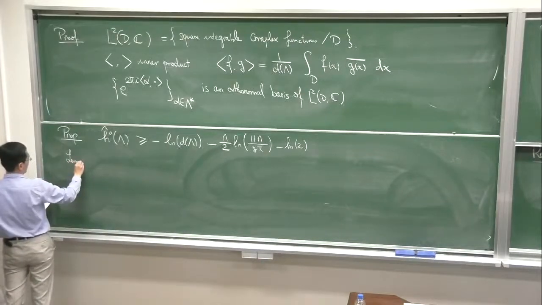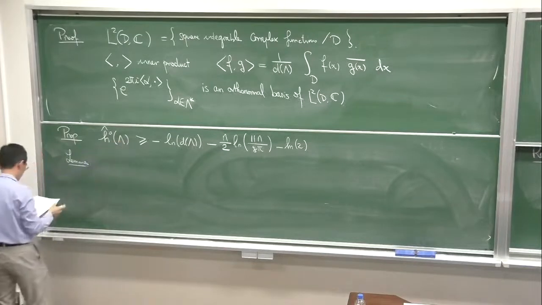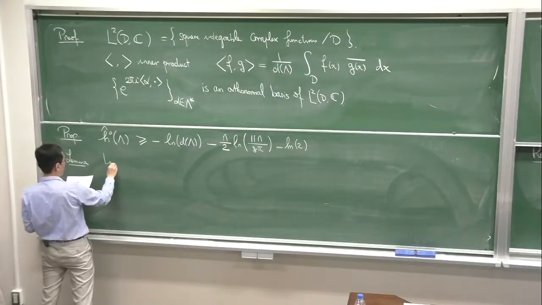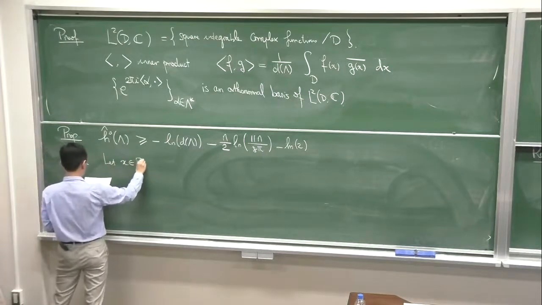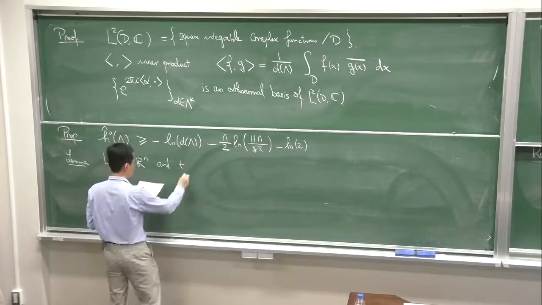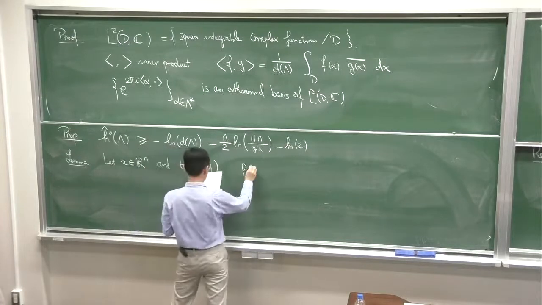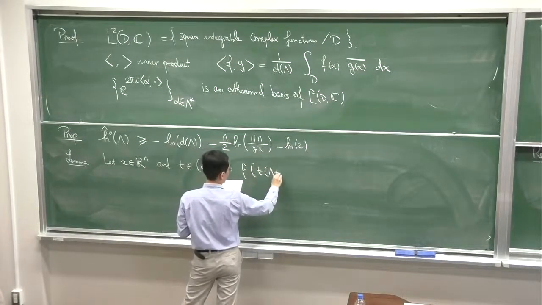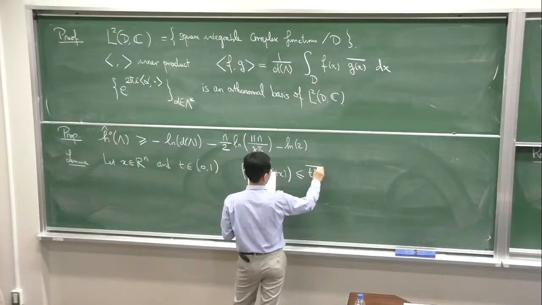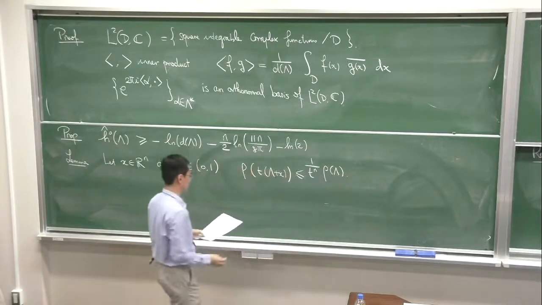As I said, you need to make a comparison of this one to rho lambda. So I give some lemma. Let x in R^n and t in (0, 1]. Then you will have rho of t times lambda plus x is smaller than (1 over t)^n rho of lambda.